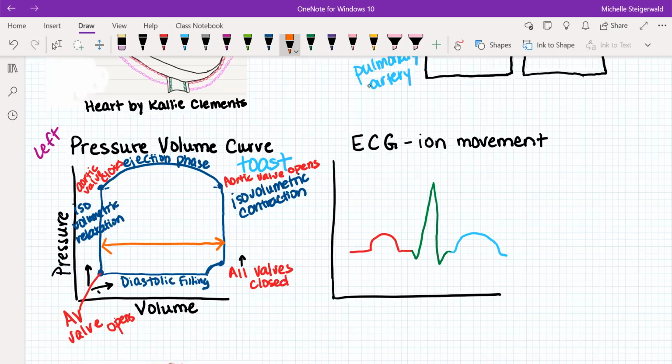So this is going to be the end systolic volume here. What we actually were able to fill when we put the blood from the atrium into the ventricle is the end diastolic volume.